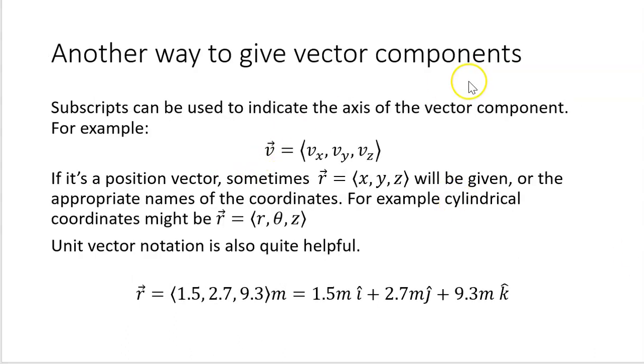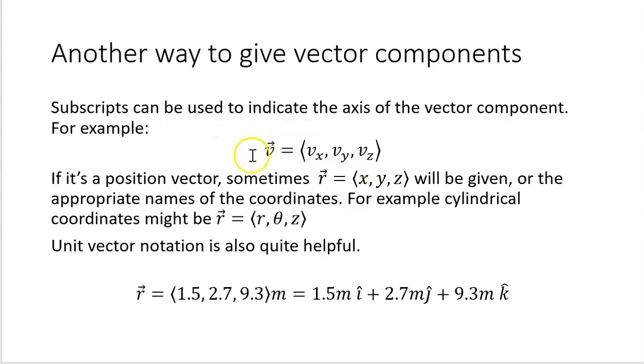Now, sometimes we use subscripts to indicate which of the components things are, and also we sometimes just use subscripts in general to sort of differentiate different vectors. So for example, if you had two different velocity vectors, you might call them v sub i and v sub f, for v initial and v final, for example. So subscripts get used a lot.